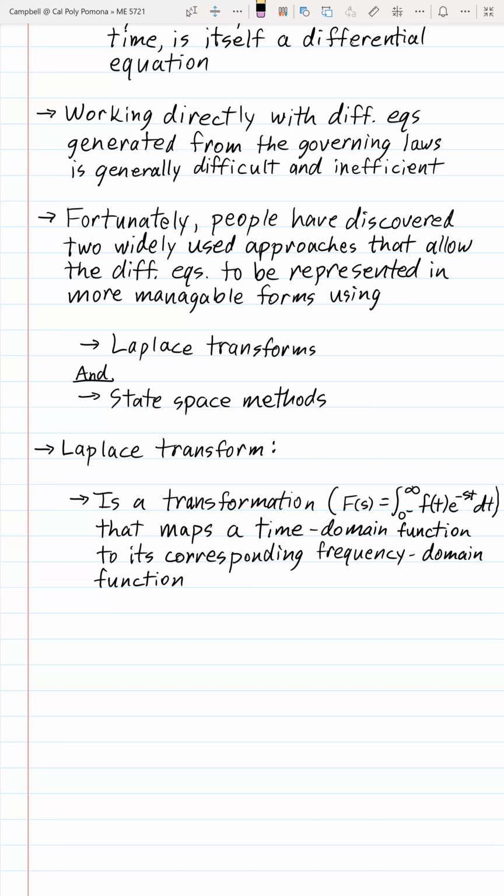And as you might have seen, it is typically used in classical controls to determine one of the main constructs that exists in classical controls, the transfer function.